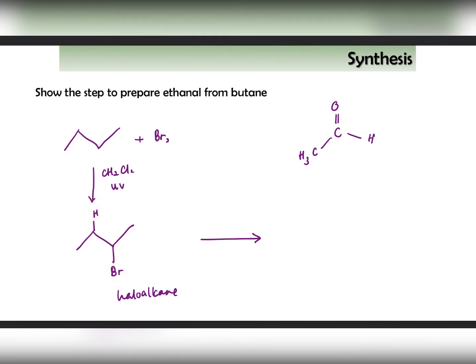Okay, so for this, kita akan react dengan KOH ataupun NaOH pun boleh with the presence of ethanol and undergo reflux, and you will remove H dengan Br, so akan form carbon-carbon double bond. So this is your product. Main product. Since ini adalah symmetrical alkene, so tak ada masalah lah.